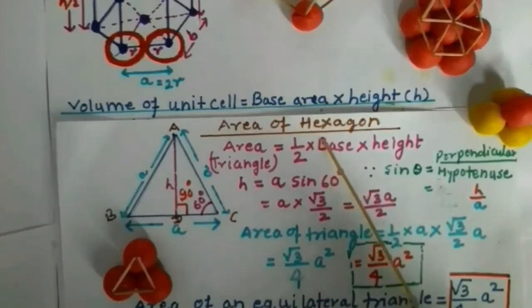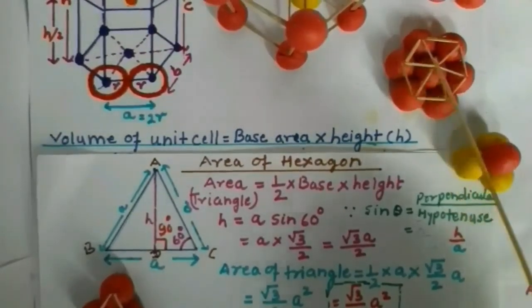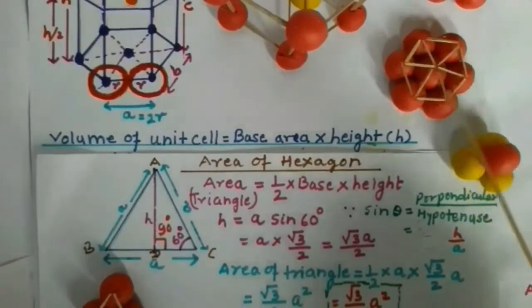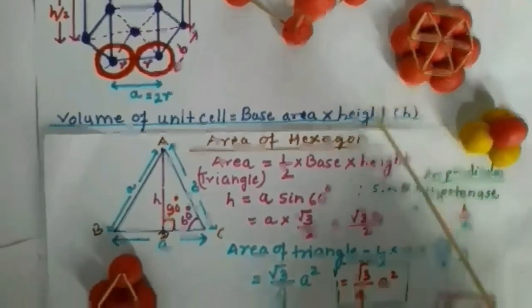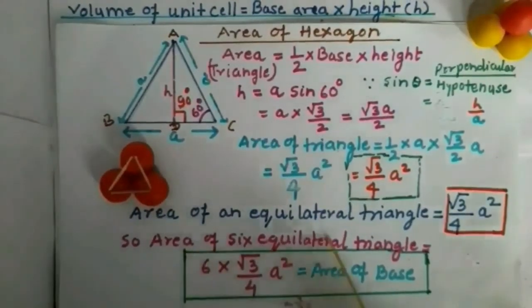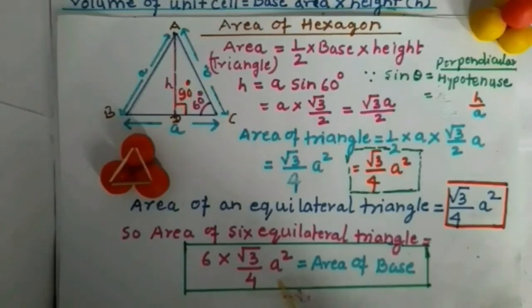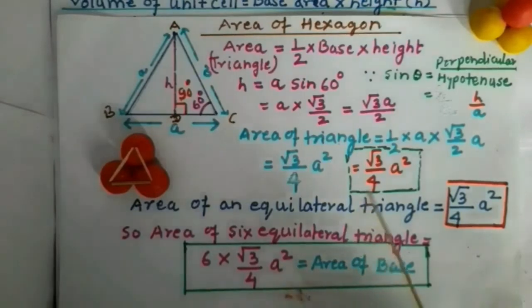And this hexagon is made up of 6 such equilateral triangles. So the total area of the hexagon will be equal to 6 multiplied by root 3 by 4 A square, where root 3 by 4 A square is nothing but the area of a single equilateral triangle.